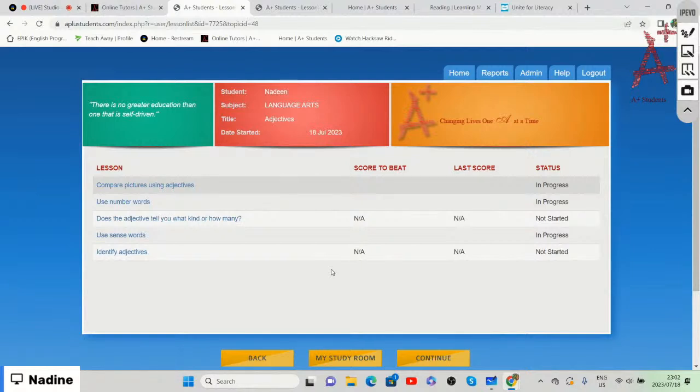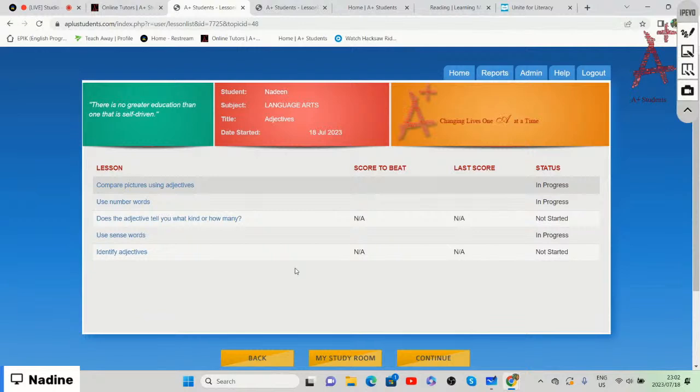We are doing the chapter of adjectives, and our lessons for today will be on comparing pictures using adjectives. Use number words. Does the adjective tell us what kind or how many? You will use sense words and identify adjectives. So we will end off with identifying adjectives.